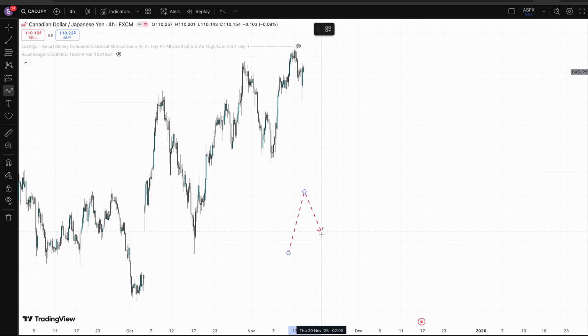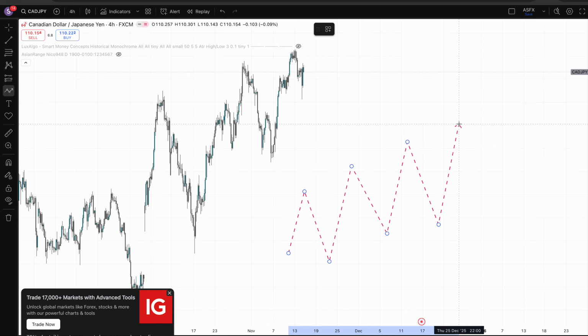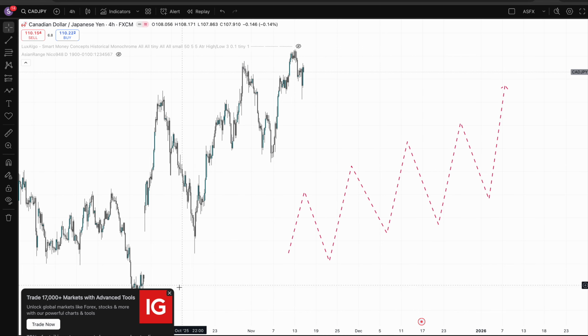When the market is bullish, as I illustrated in my previous videos, the market tends to create higher highs and higher lows. So your aim is to look for buys whenever the market is bullish.